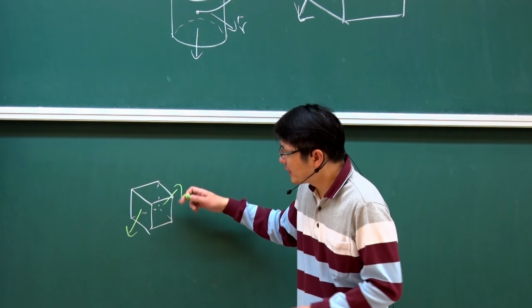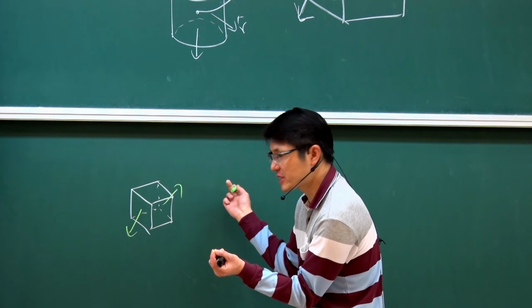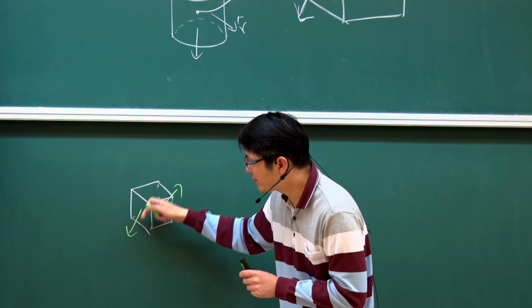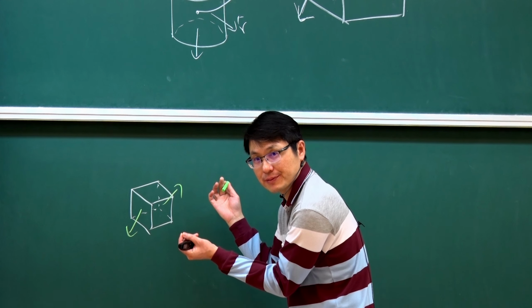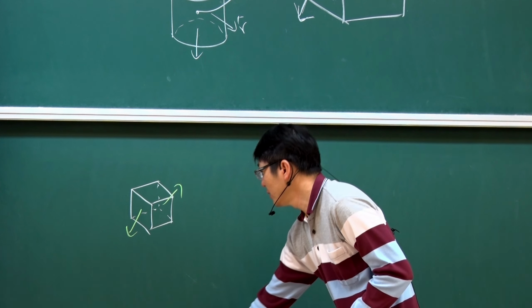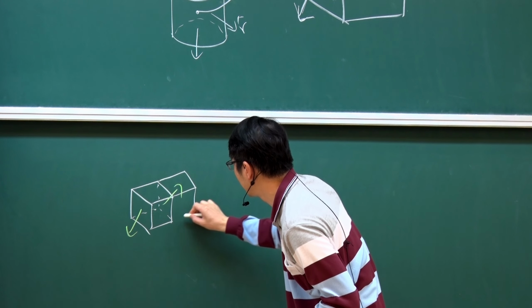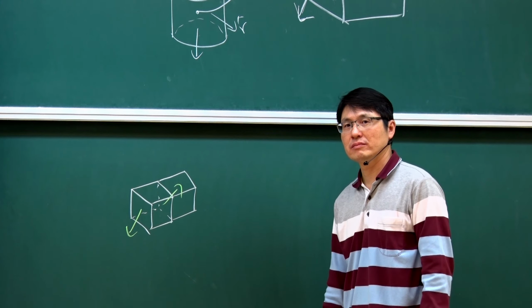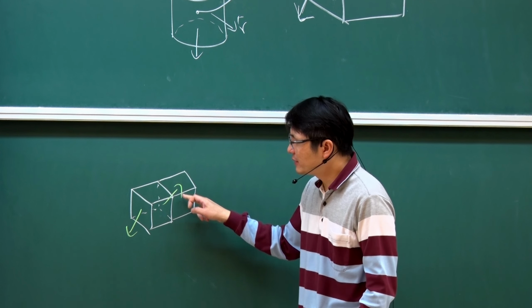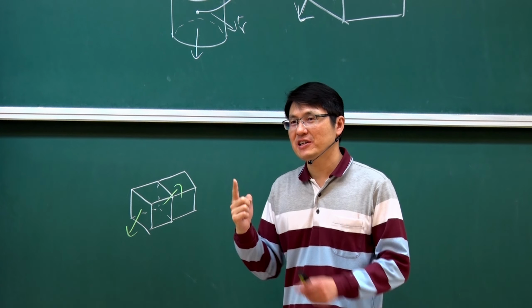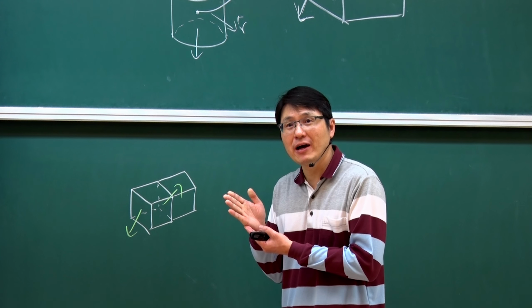When I evaluate the outward flux for this cube, by definition, the surface direction needs to go out. Okay? But what happens when I have the second cube? When I have the adjacent second cube, which surface is the same?